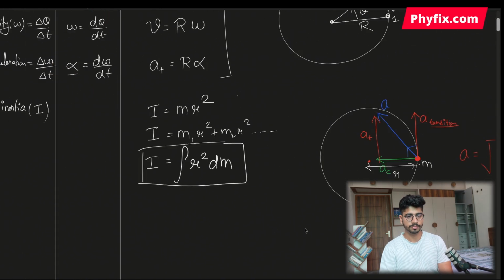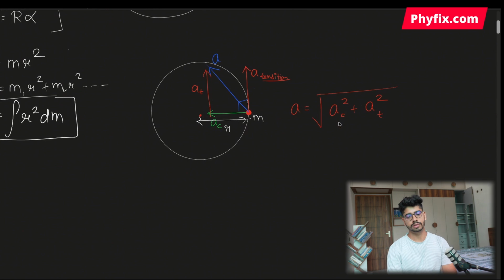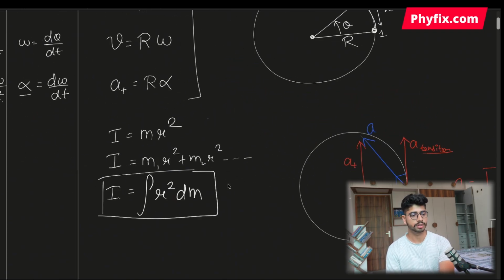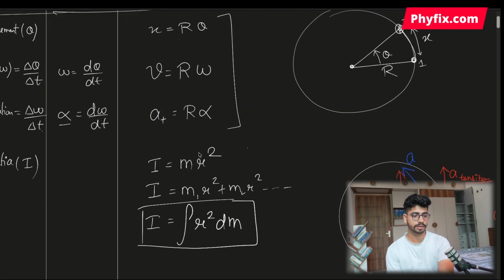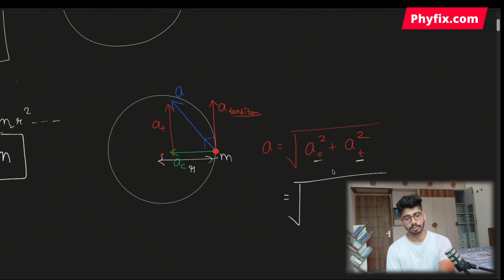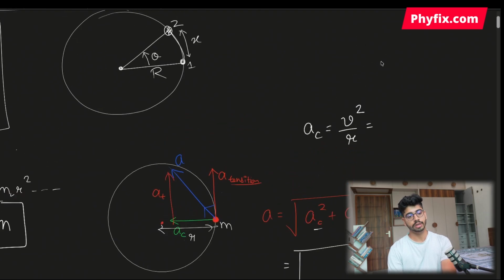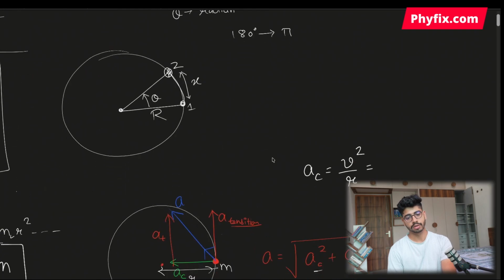And one more thing: the tangential acceleration and the radial acceleration. The tangential acceleration we have already written: it is r alpha. But the centripetal acceleration is v square by r, and v is equal to r omega, as we just saw. So I'm going to plug in the value: r omega square by r. The r gets cancelled out, so it is r omega square.